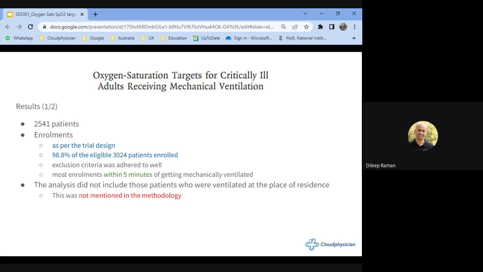I think it is a practical study, although you could make an argument, why would such a study get funded? Because, for example, if you look at the ICU-ROX data that the New Zealand study had, and a couple of other older studies that looked at oxygen targets, many clinicians would say that we have enough data to avoid hyperoxia.